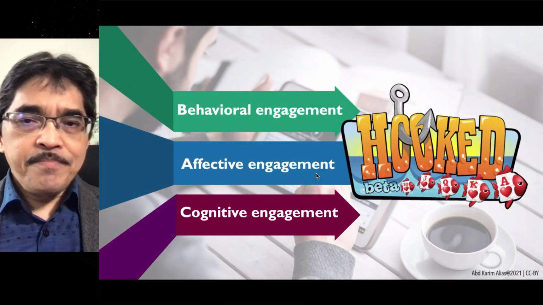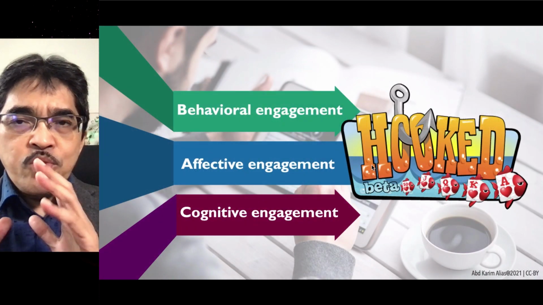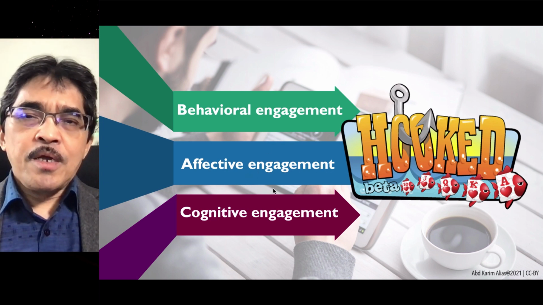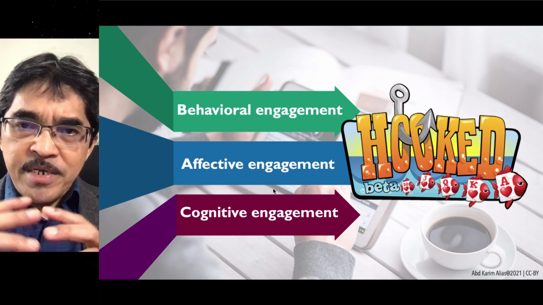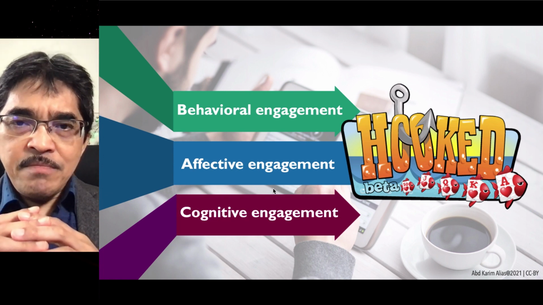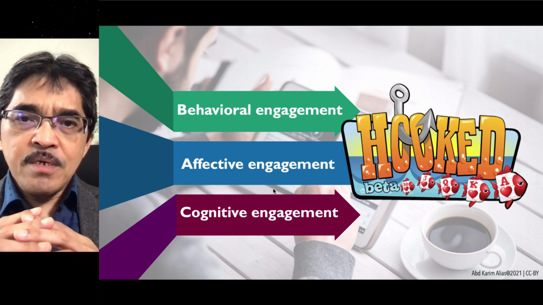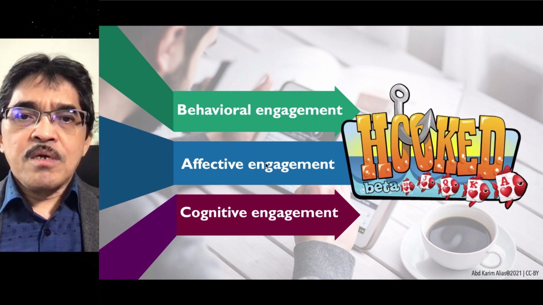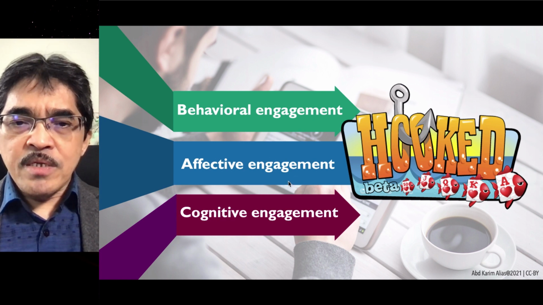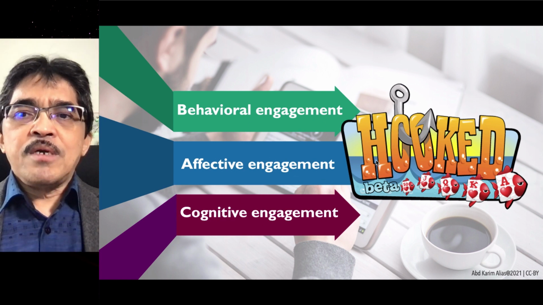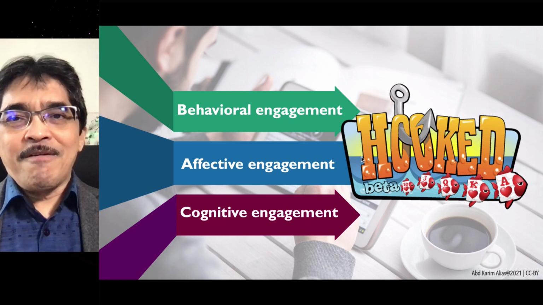So as a summary, the true meaning of student engagement is when we have all these three elements embedded or integrated in our course design, in our lesson design seamlessly. So we have behavioral engagement, affective or emotional engagement, and cognitive engagement. When we have all these three, students will get hooked.